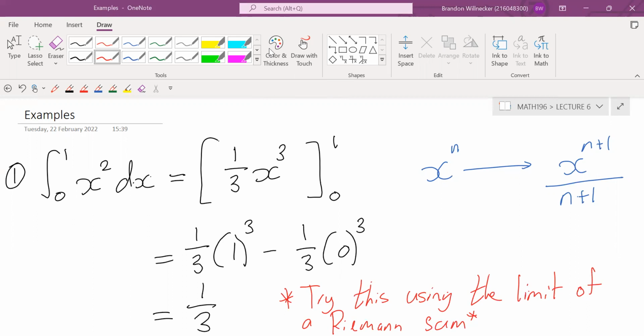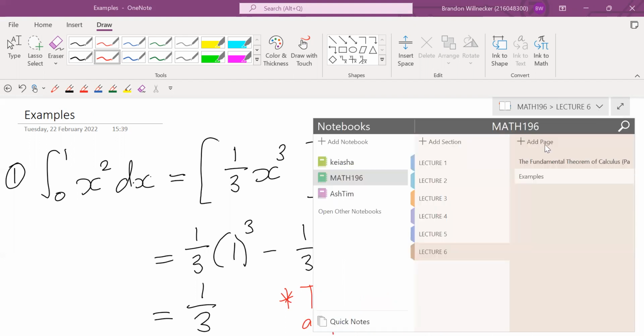You should also get 1/3. The nice thing about this method is that if you were to use the limit of a Riemann sum, it might take you half a page to a page to do the whole calculation. Here we did it in 3 lines. So much better to do it this way. Okay, let's try another example.